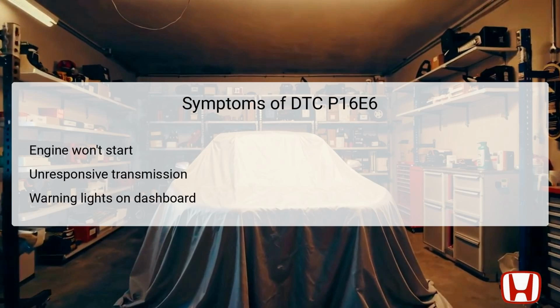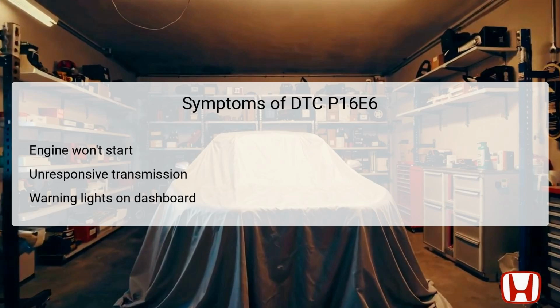When DTC P16E6 is triggered, several symptoms may become evident to the driver. A primary concern is that the engine may fail to start, as the vehicle's systems depend on accurate signals from the transmission range switch to enable engine ignition.